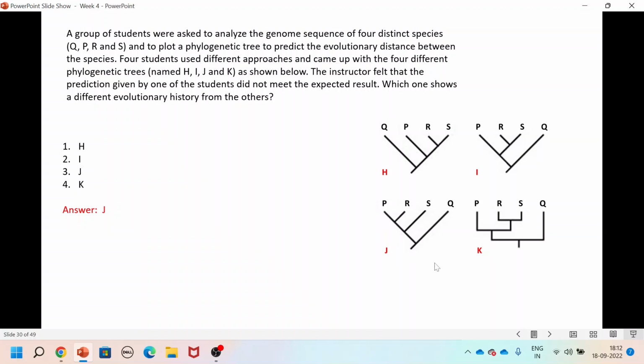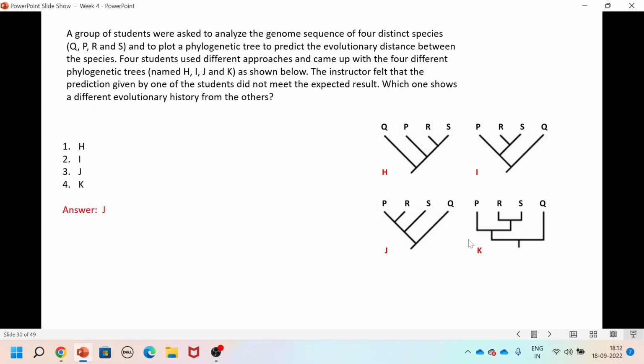But in case of J, we see that PQRS have a common ancestor, but here P and S have one common ancestor, but in the last point we can see it says that P and R have a very closely related common ancestor, but what we see in the other figures is that R and S have a more closely related common ancestor.